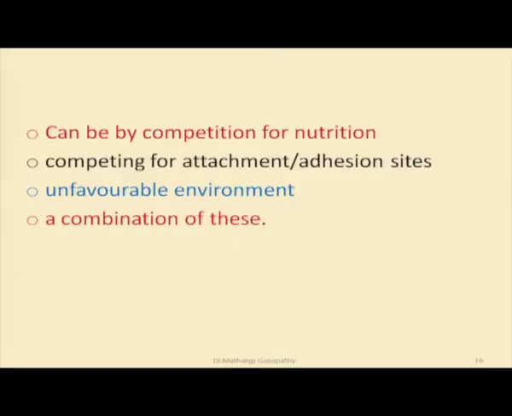If these two organisms compete for the same attachment site, because of the sheer number, the background microbiota will win. Then there is an unfavorable environment, which can be any of the conditions, or it can be all three together. When all three factors come together, the background microbiota will win, thereby inhibiting the spoilage microorganism or the pathogenic organism. So, this is the pattern in the general interference caused for the microbial destruction.